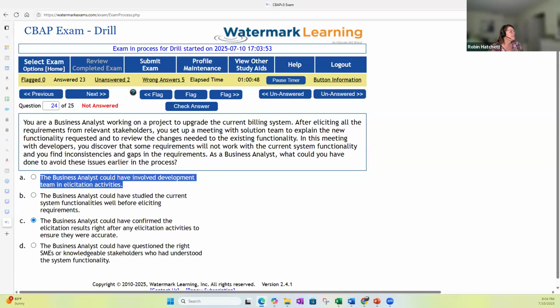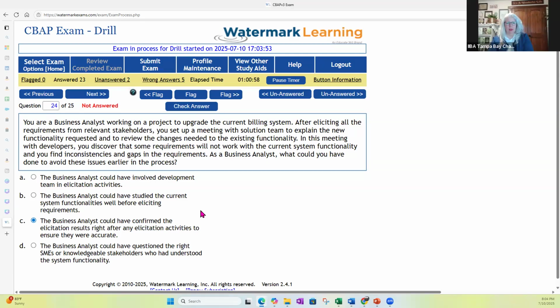And if he had done that, then, well, that's basically what he's doing. He went to the developers and they're like, well, wait a minute, this isn't going to work. It seems like that's why I was right in my framework in terms of the loops where you verify everything in every stage.